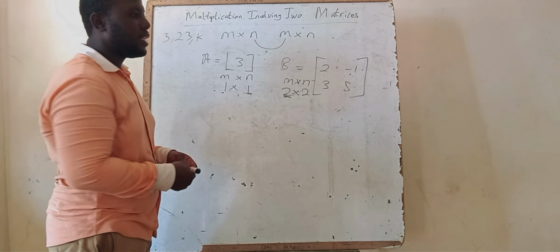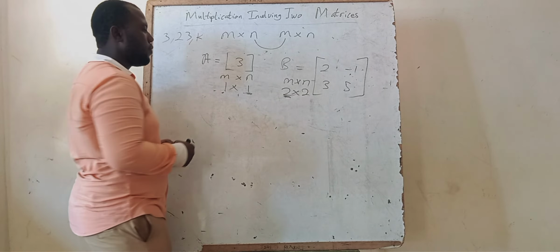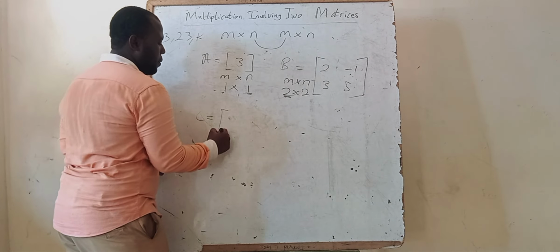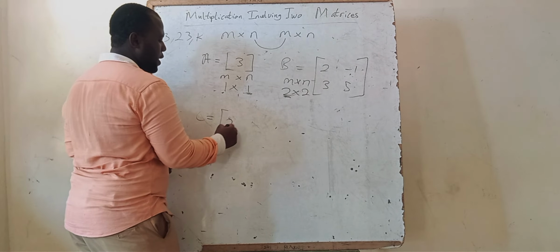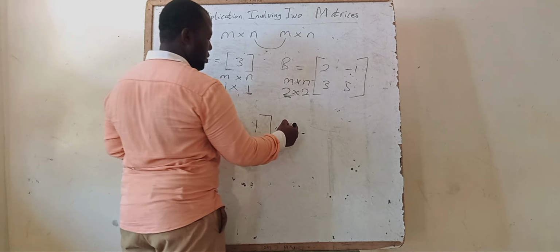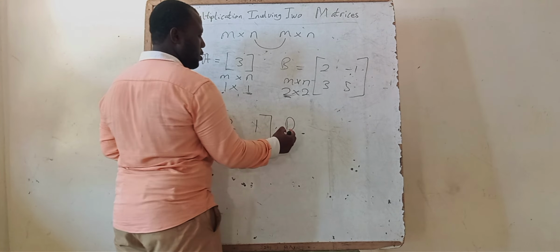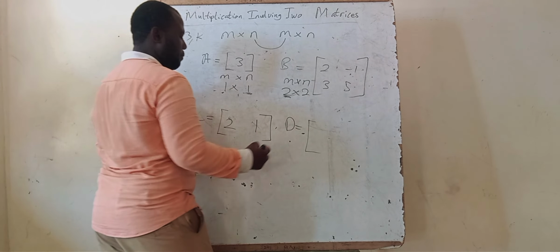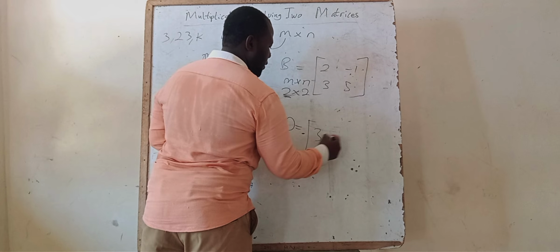So let's take another example. Maybe you have a matrix C. Maybe we have 2 here, 1 here, and we have another matrix, a matrix D, with 3 here, 5 here.